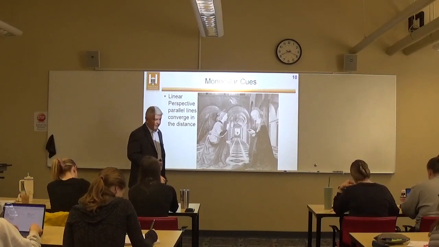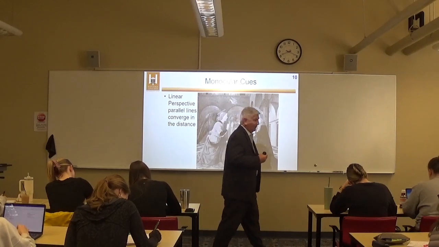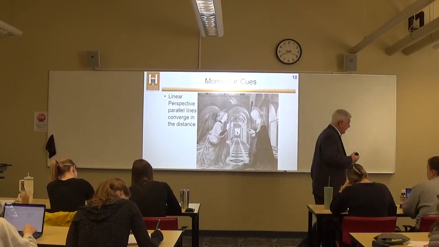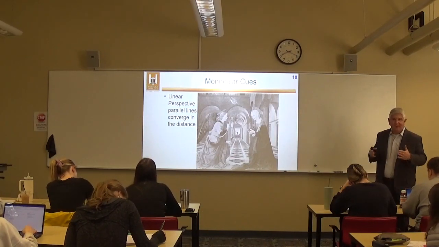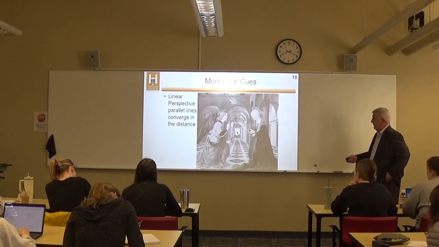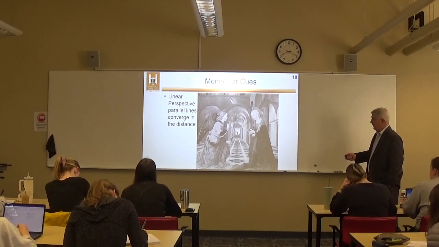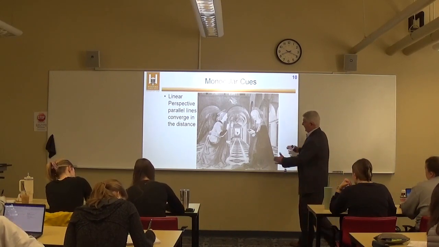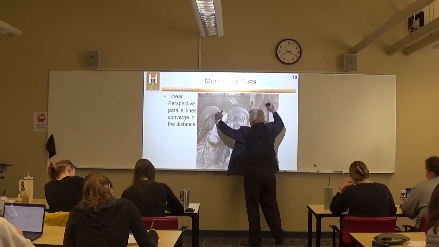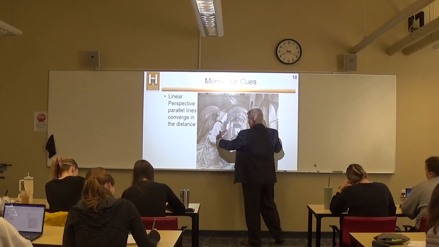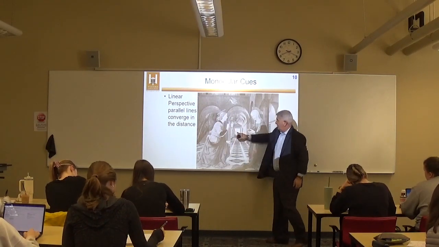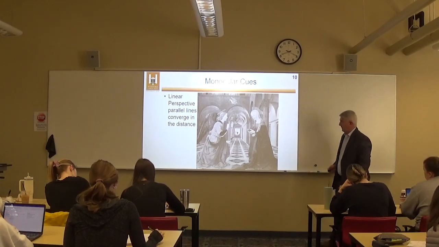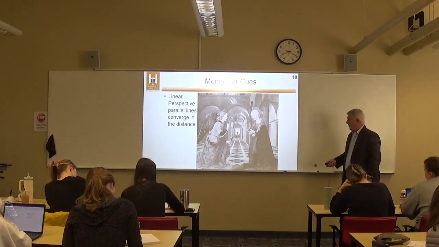Linear perspective is a monocular cue that says the further away things become, that they converge to a focal point. So in this picture, the focal point is back here, and these lines converge, everything up here converges, everything is converging to where that tree is there, right?